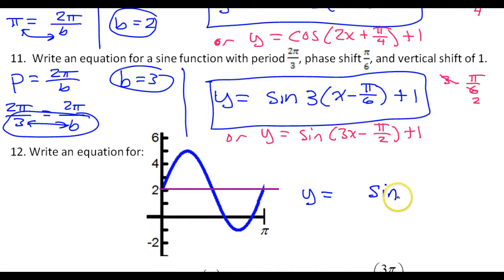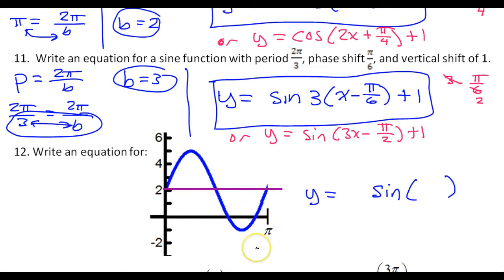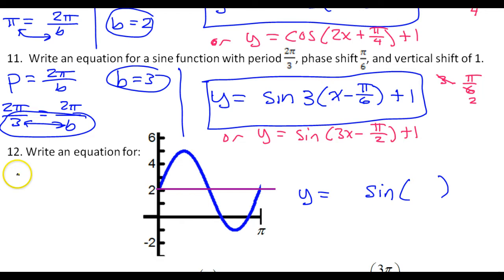But what about a b value? All right, we might have a b value here. So let's figure out the b value. Hopefully you can tell that the period is pi. Alright, it's doing the entire cycle in a distance of pi. So let's use this period to figure out the b value. We know that the period is 2 pi over b.